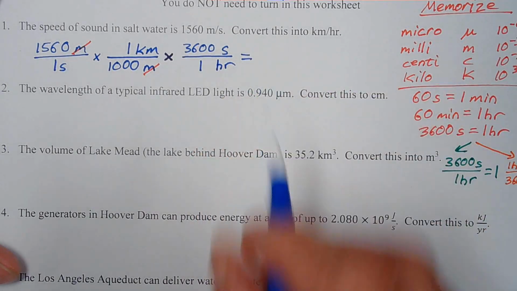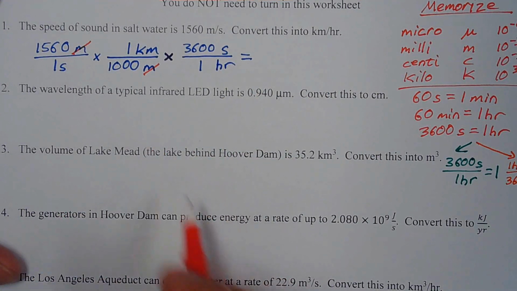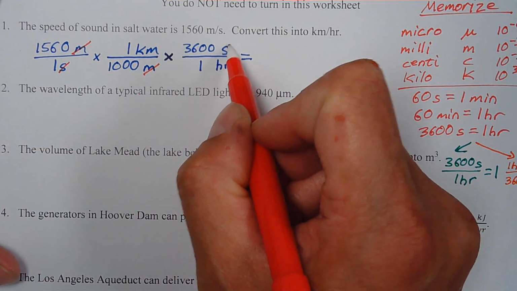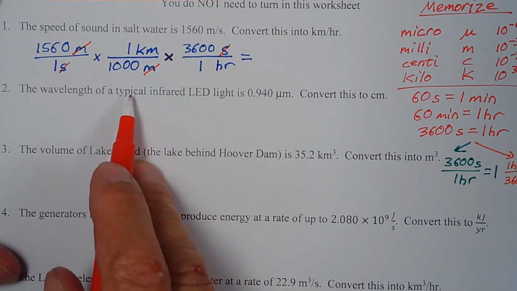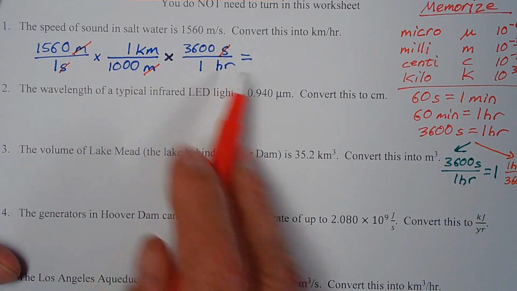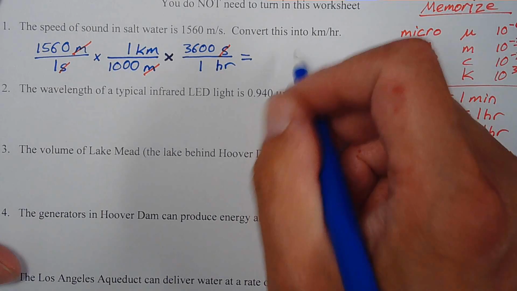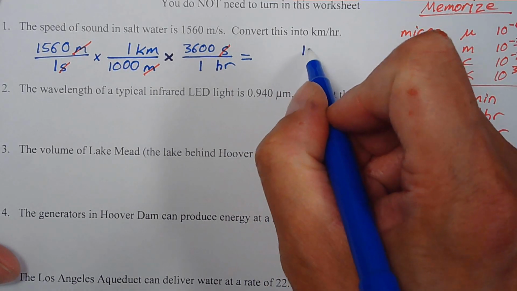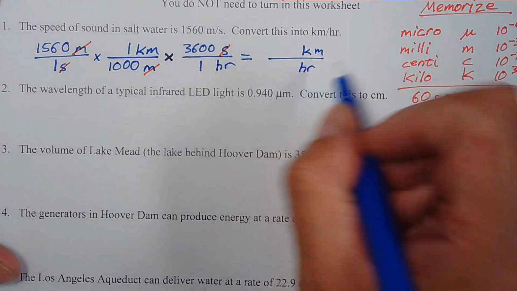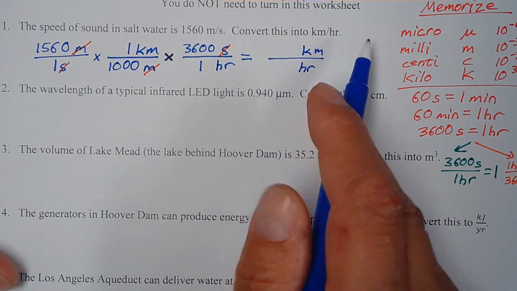All right. Double check to make sure the units you don't want are canceling out. Okay, we got seconds on the bottom down here, seconds on the top here. That cancels out. The only units that haven't been canceled out are kilometers on the top and hours on the bottom, which is what we're going to have. So that's going to be, in our answer, kilometers on top and hours on the bottom. And that's going to be what the problem asked for.